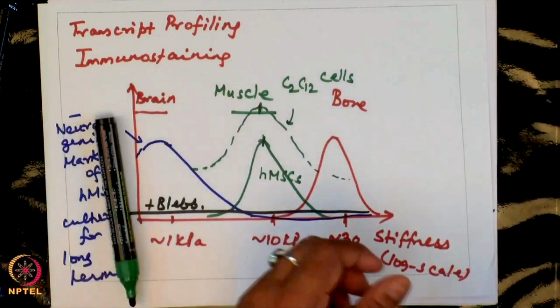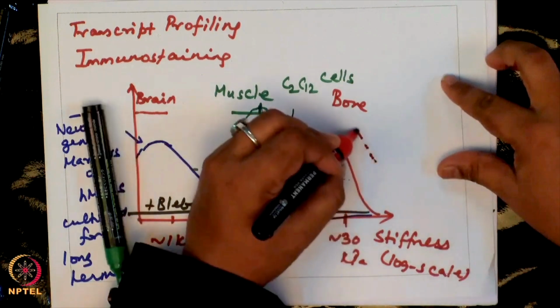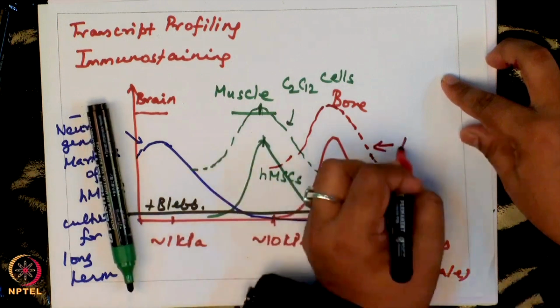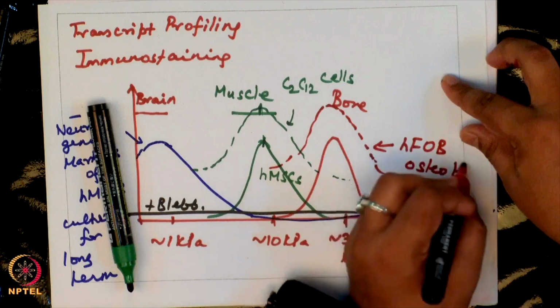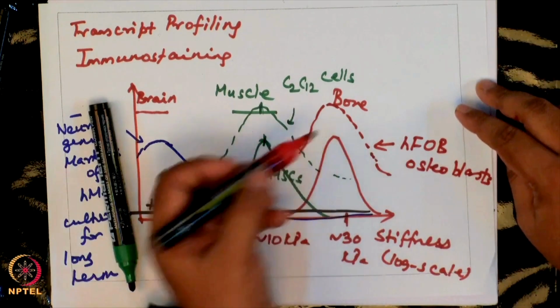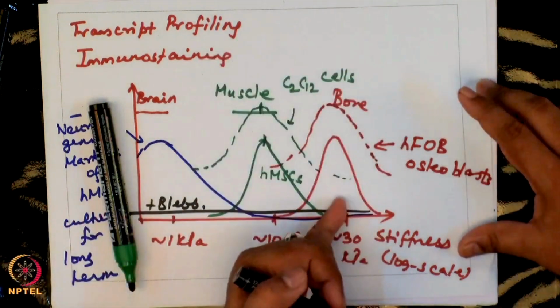Same on the stiff surfaces. If you plot the bone signals for a committed cell line, okay, so these are HFOB osteoblasts. Again, the expression of HFOB osteoblasts for bone specific lineages is much higher than that of HMSCs.